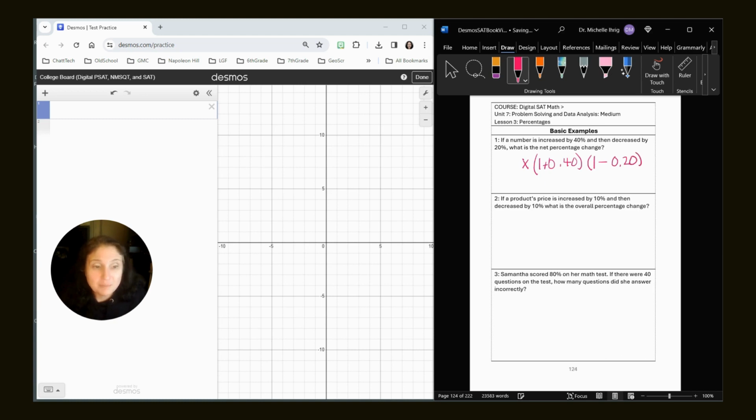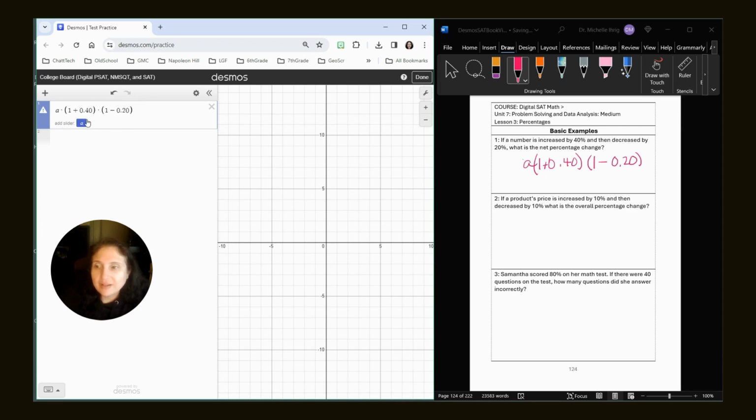What is our answer? So really, we don't even need this X piece here. Actually, instead of X, let's write A, for an unknown number, and give you an example of what it looks like. 1 plus 0.40 times 1 minus 0.20.